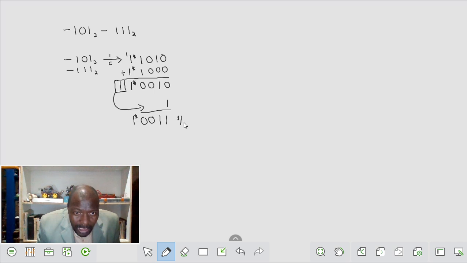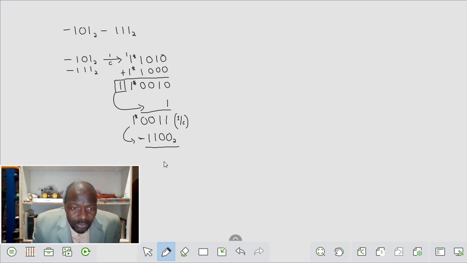When you then complement again to get your original answer, you have this as negative. You never complement the same bit. When you complement 1, 1, 0, 0 base 2, and of course negative 5 and negative 7 give us negative 12. If you convert, this is 8 and this is 4. 8 plus 4 is 12.